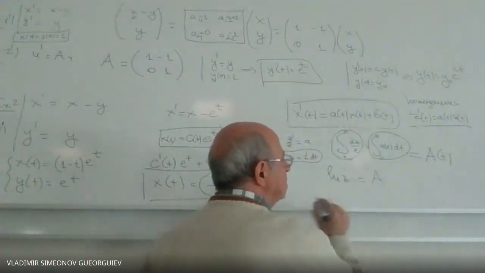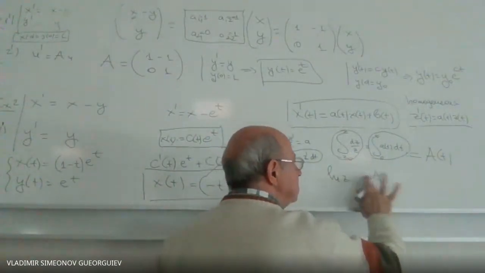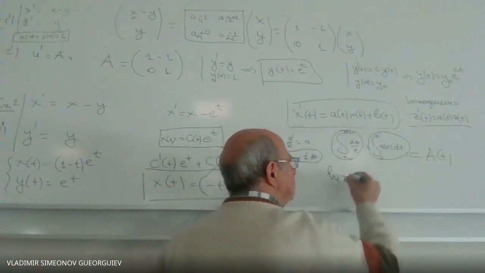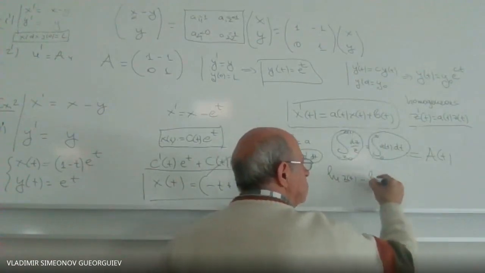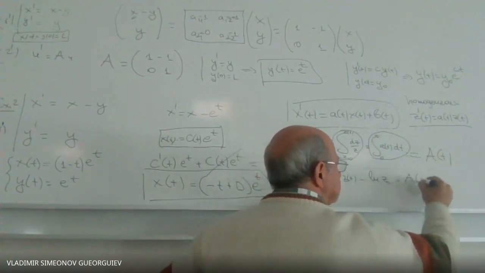Then, when you take the logarithm of zeta, the primitive shall be this, logarithm of zeta of t, minus logarithm of zeta 0. This is A(t).